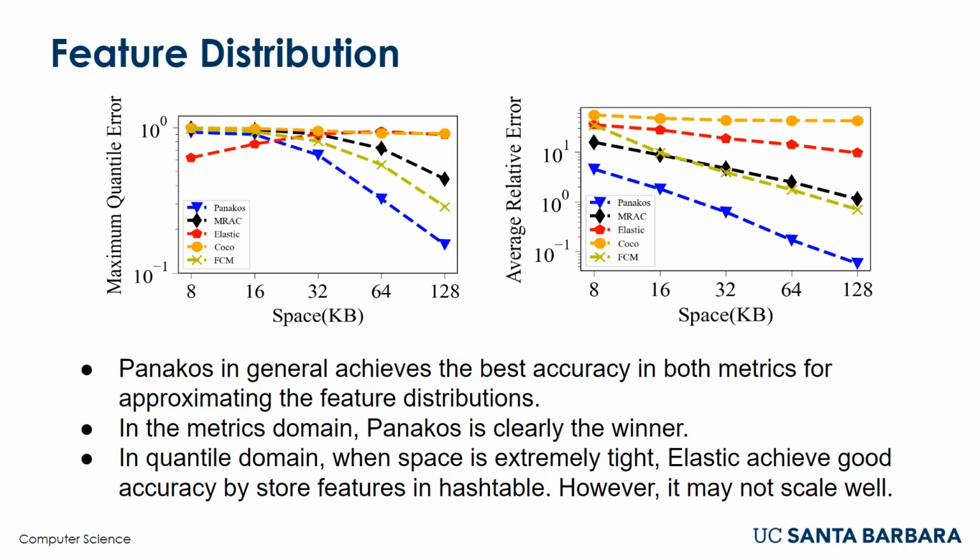We can see that Pentecost in general achieves the best accuracy in both metric and quantile for approximating the feature distribution. In the metric domain, Pentecost is clearly the winner. In quantile domain, when space is extremely tight, Elastic achieves better accuracy by storing features in a hash table. However, it does not scale well.